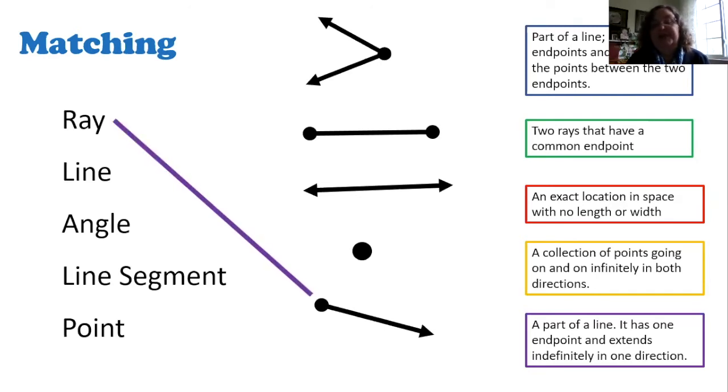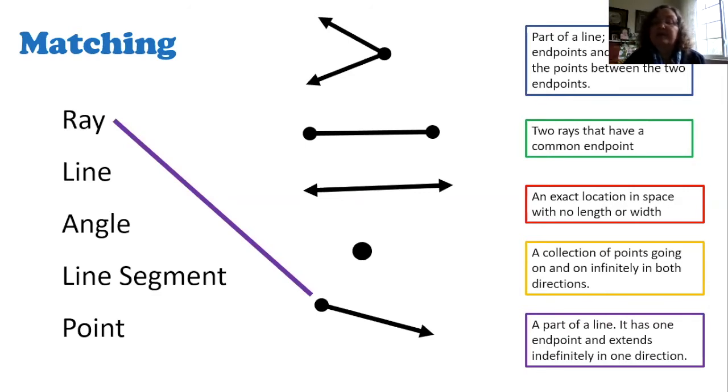You're right if you said that was a ray. But now I need to think about the definitions of ray. So the top one in blue says, part of a line, it has 2 endpoints and includes all the points between the 2 endpoints. I'm not sure that sounds like a ray. How about 2 rays in the green box? 2 rays that have a common endpoint.